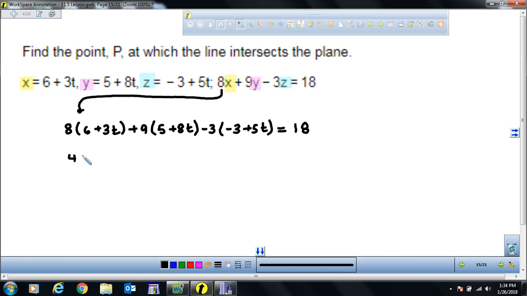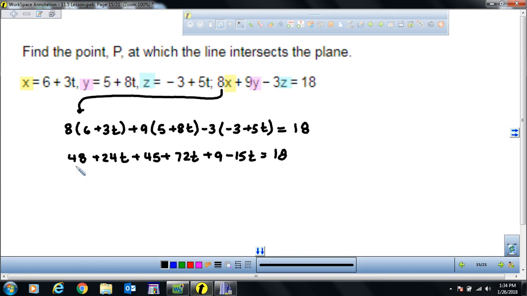So that gives us 48 plus 24t plus 45 plus 72t plus 9 minus 15t should be equal to 18.